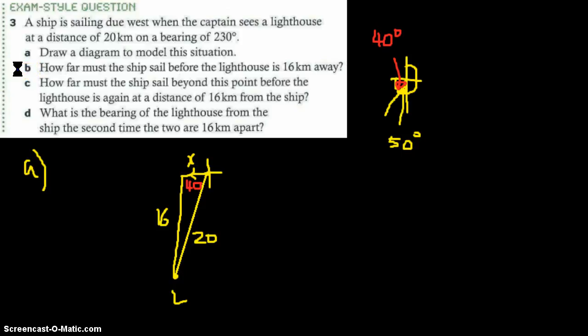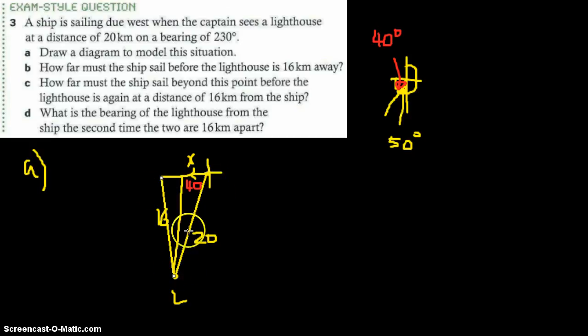Okay. Now, before I solve that, let's look at part C. Alright, so part C, they're asking us how far does the ship sail beyond this point before the lighthouse is again at a distance of 16. So let's say if the ship keeps on going, there will be another position where this distance is also 16.